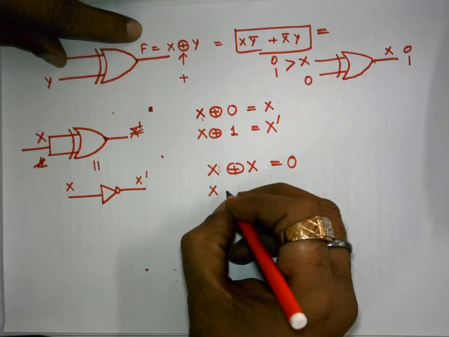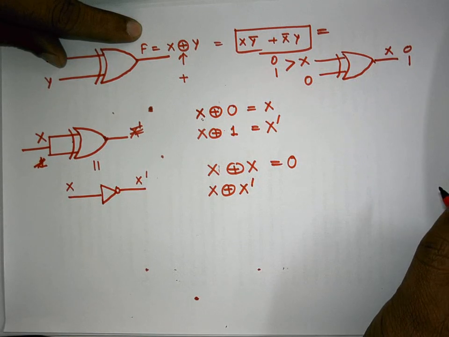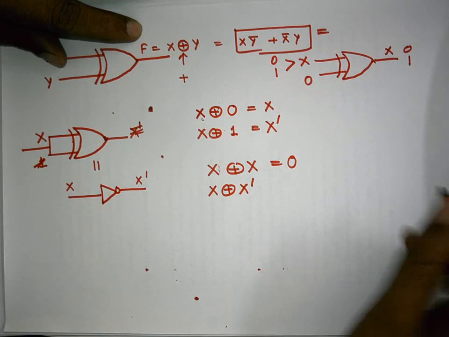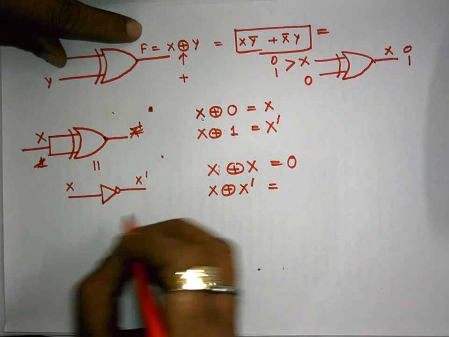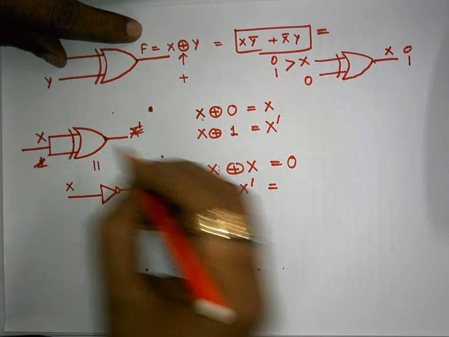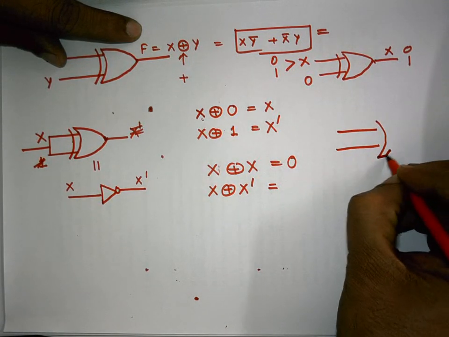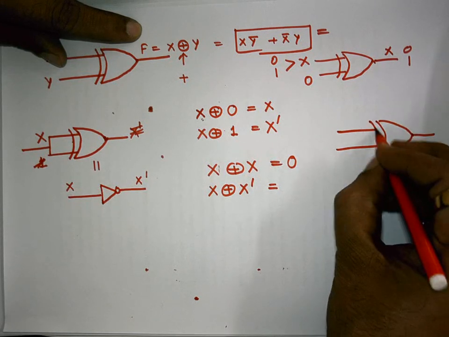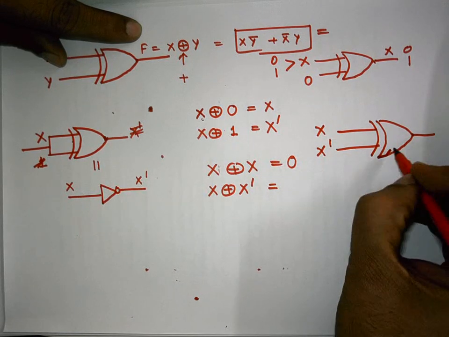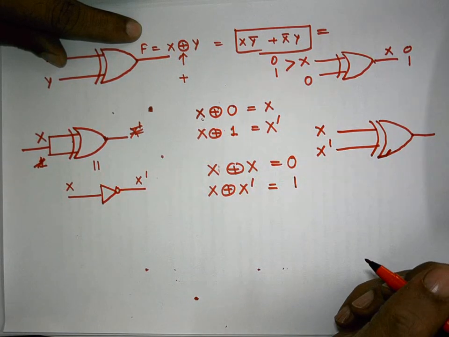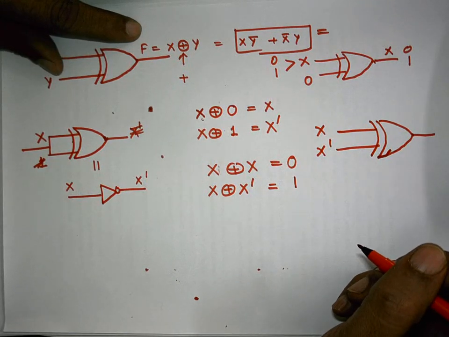And X exclusive ORed with X bar will be 1. Okay. You can do expansions for this.